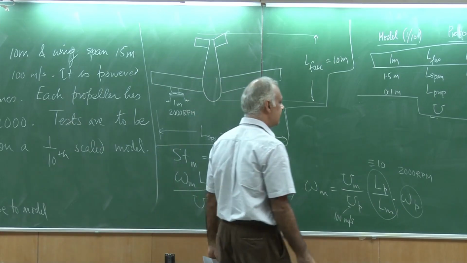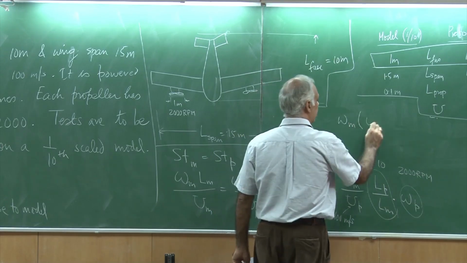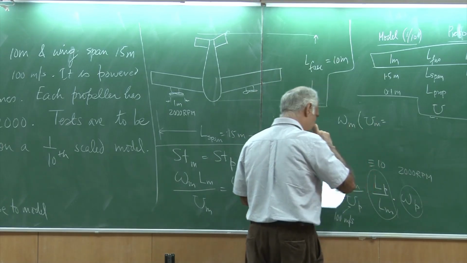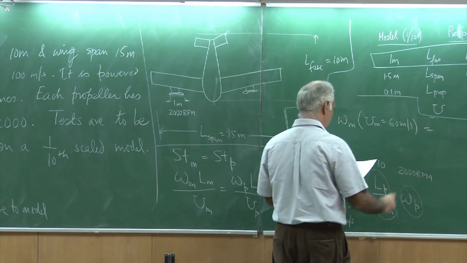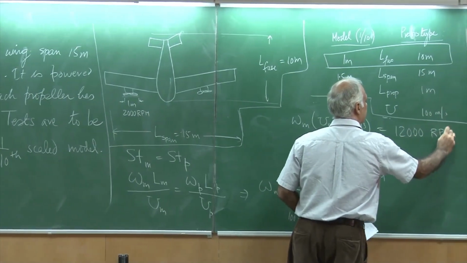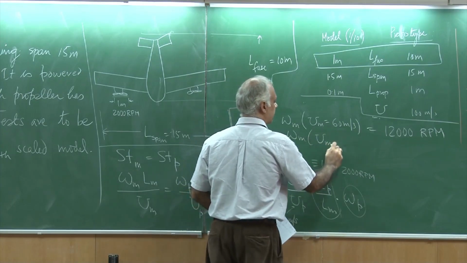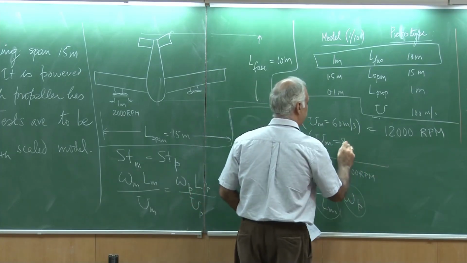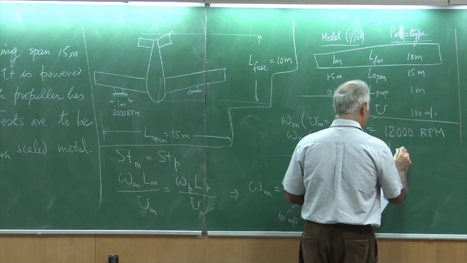So I can plug in these numbers, and what I will find is that omega model for u equal to 60 meter per second would turn out to be 12,000 RPM, and omega m for a test at 80 meter per second would turn out to be 16,000 RPM.